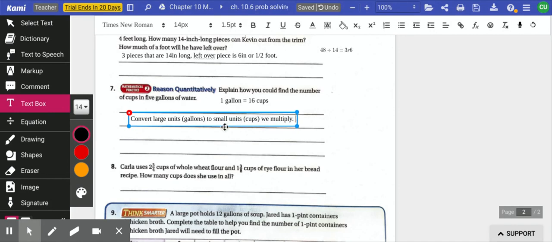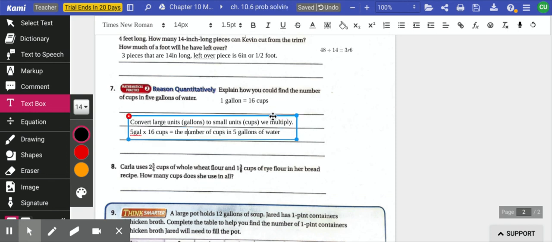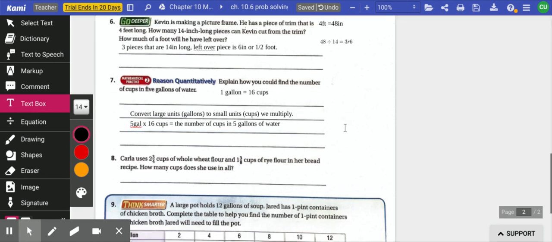And our conversion is going to be 5 gallons times 16 cups, and that's going to give me the number of cups in 5 gallons of water. And you're just going to make sure you're writing that in complete sentences. There we go. All right, next.